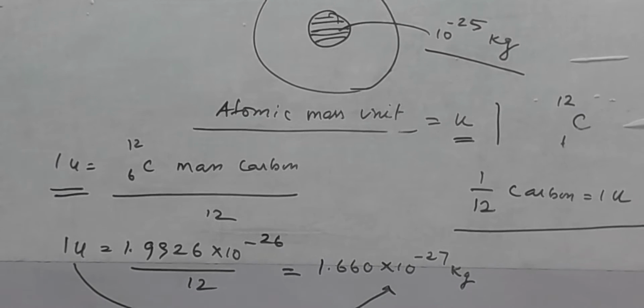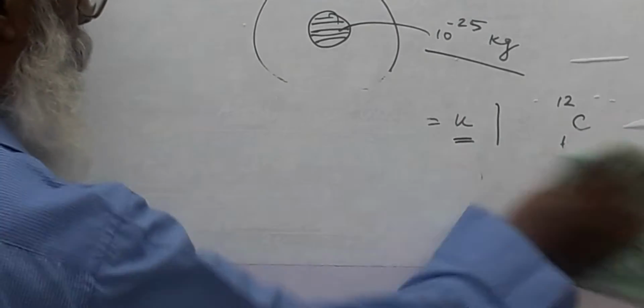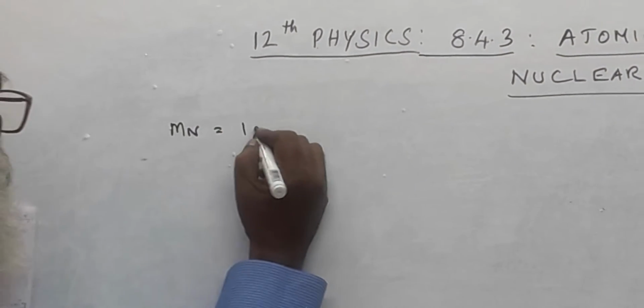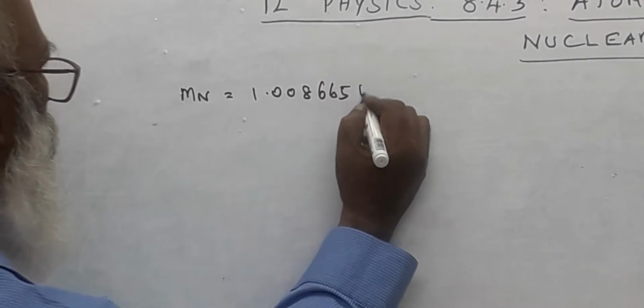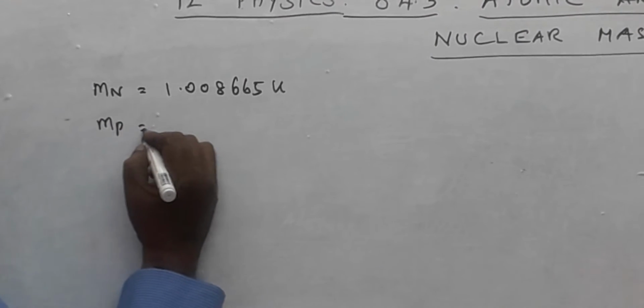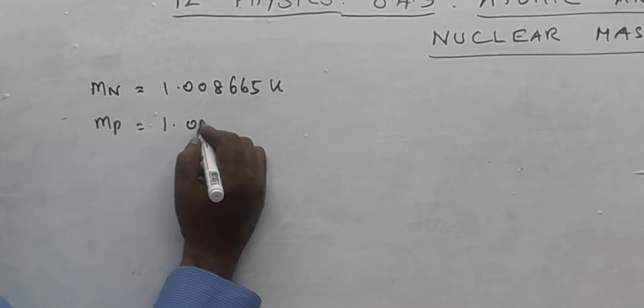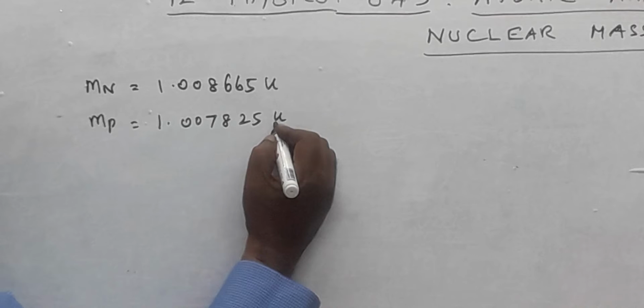Suppose you express the masses of proton and neutron in atomic mass unit, then we can write the mass of neutron as 1.008665 atomic mass unit, and the mass of proton as 1.007825 atomic mass unit.